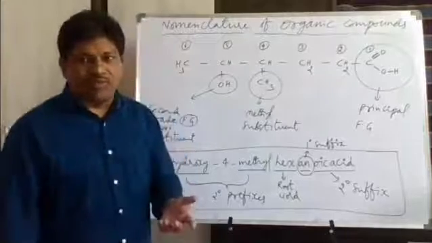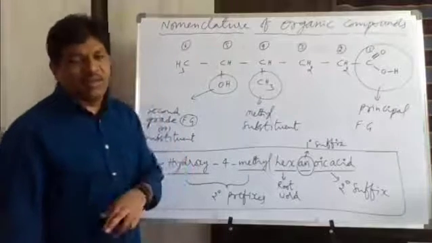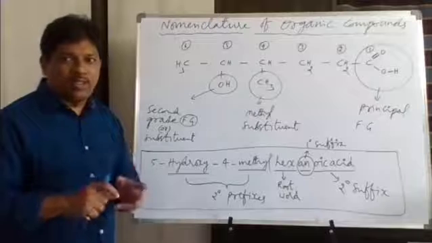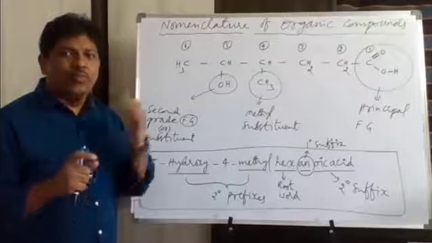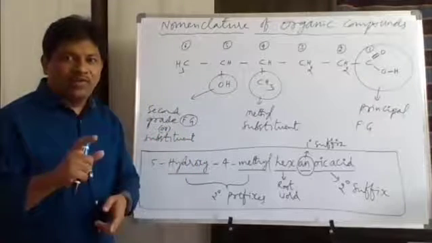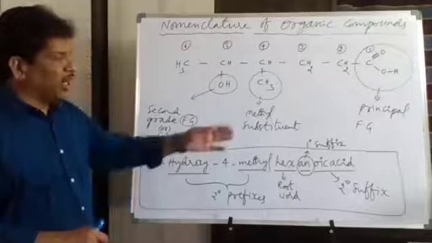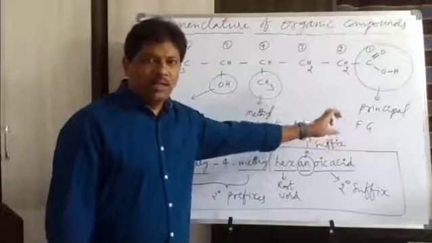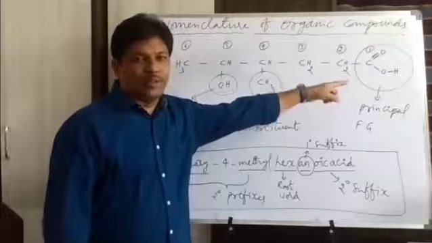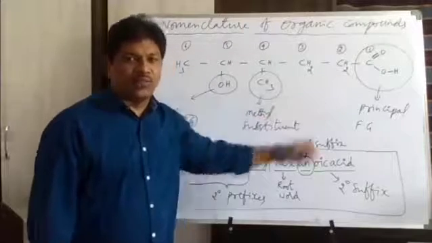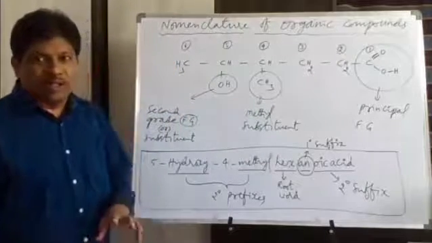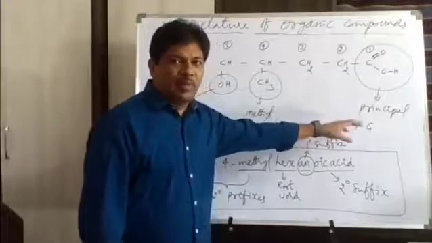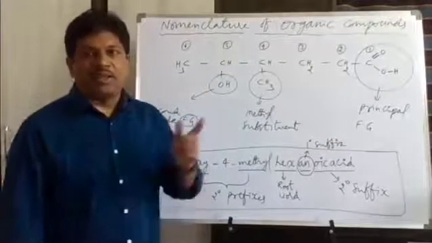Which is the senior functional group and which is less senior, we'll understand in the coming classes. First understand that if there are two or more functional groups, only one will act as the principal functional group. The COOH group in this structure acts as the principal functional group. The name of the principal functional group is given by the secondary suffix.